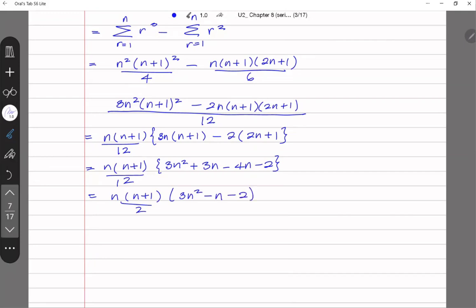Can this be factorized? I think so. Question is, do we need to factorize it? Maybe not, I don't know.